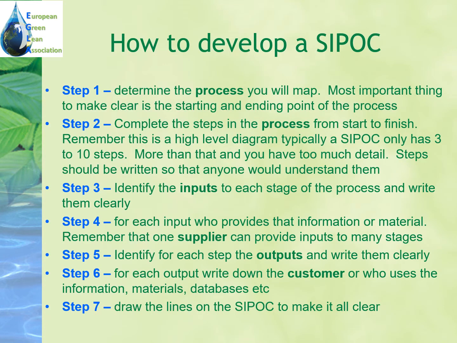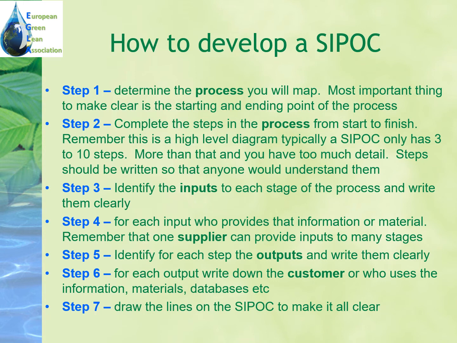Here are 7 steps to develop a SIPOC. First thing is to determine the process that you will map. So you start from the middle. Most important thing is to make clear the starting and ending points of the process. Then complete the different steps of the process from start to finish.